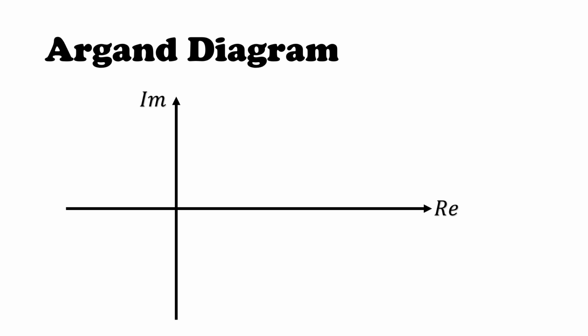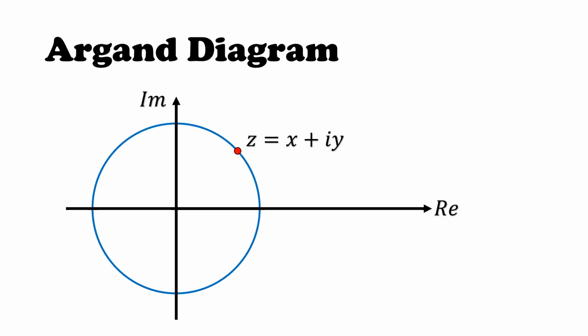Now, a complex number z can be represented as a point on an Argand diagram at the coordinate x, y. For our purposes, this point will lie on a unit circle with radius 1 centered on the origin. In polar form, we can assign this point z a principal argument of theta, which is the angle that the point makes with the positive real axis.